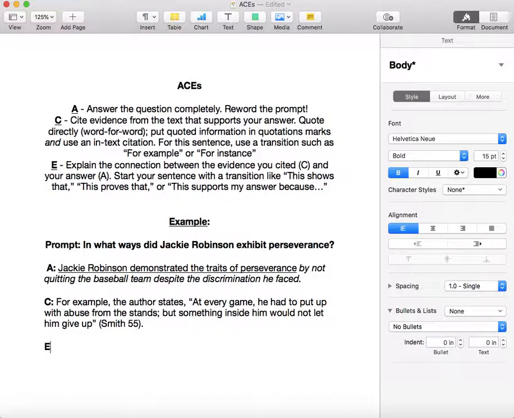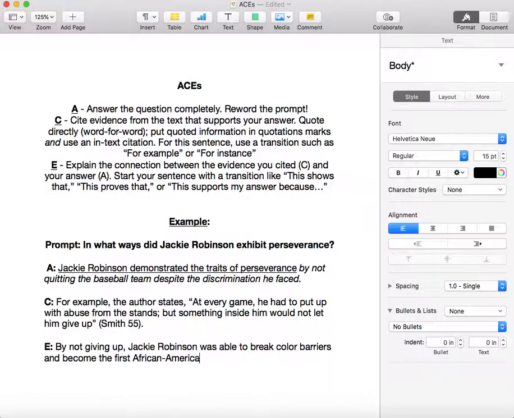Now I'm going to explain how my C, my citation, supports my A, my answer. So by not giving up, Jackie Robinson was able to break color barriers and become the first African American to play in baseball's major league, period.